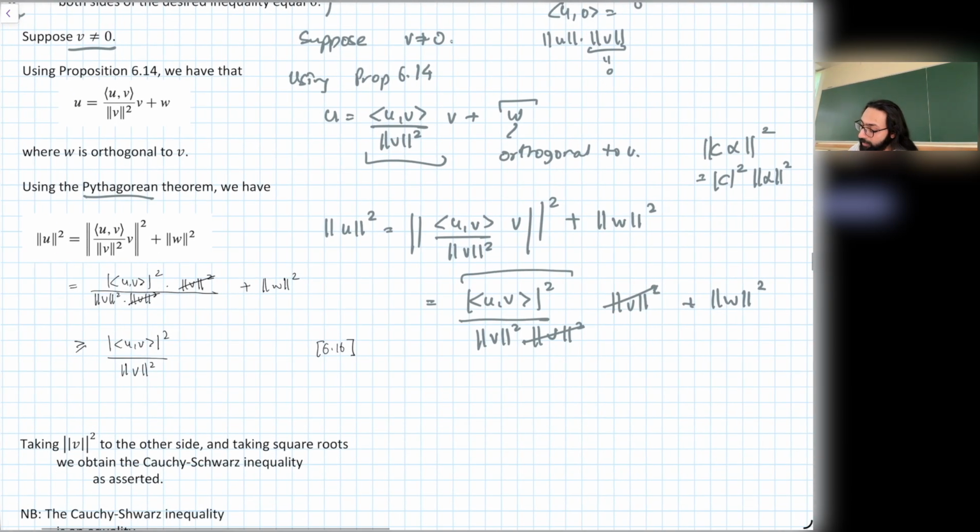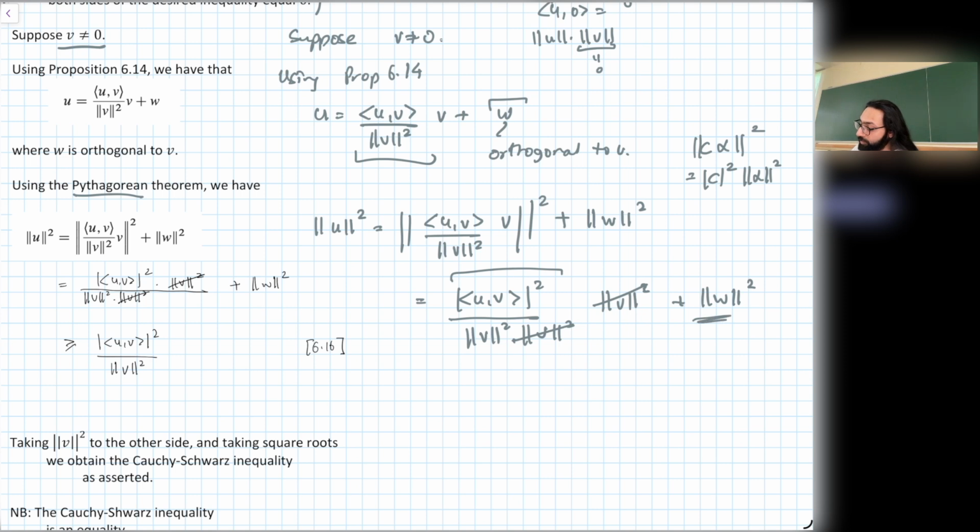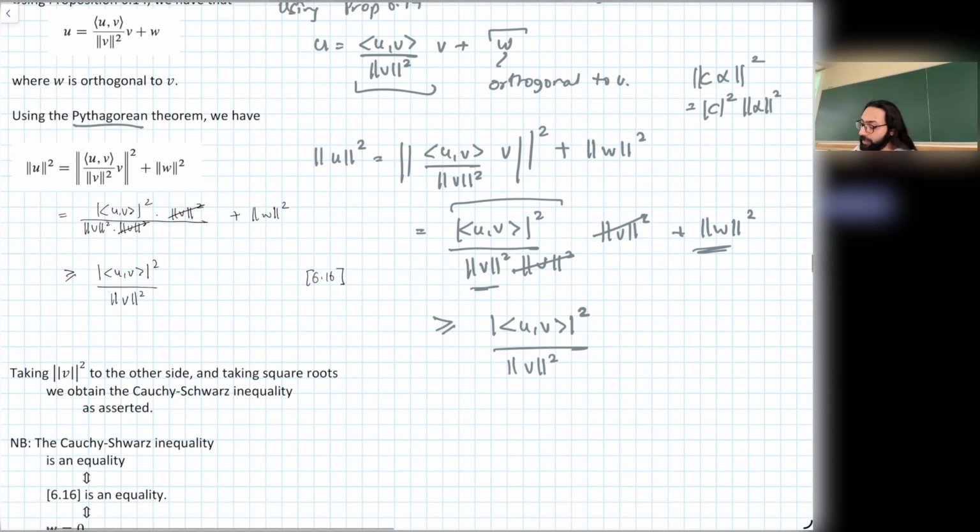So we have this, and now this is a positive number, and this is a positive number, right? So this is going to be at least as big as the first positive, or non-negative, number. Is that okay? Making sense? Okay. And now we're essentially there, right? So now you have the inner product of u and v, whole square, is at least... Is that okay? Making sense? Right? Okay. And so this is exactly what we wanted to show.